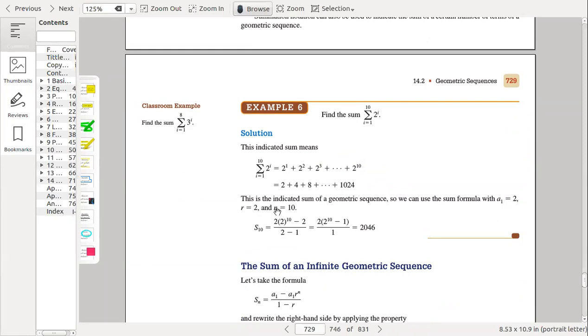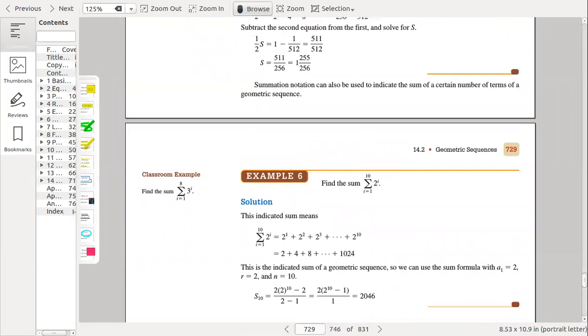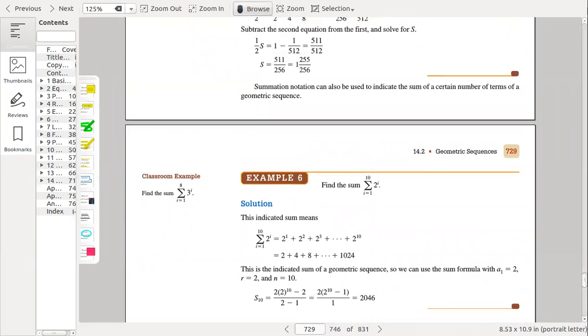This is the indicated sum of a geometric sequence. So we can use the sum formula with the first term as 2, common ratio as 2, and n as 10. Then applying the same formula, we get the sum of the terms.